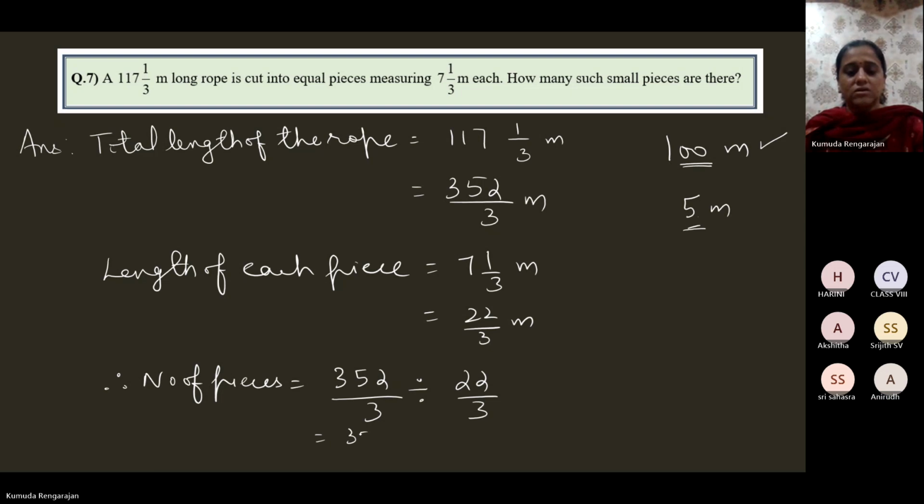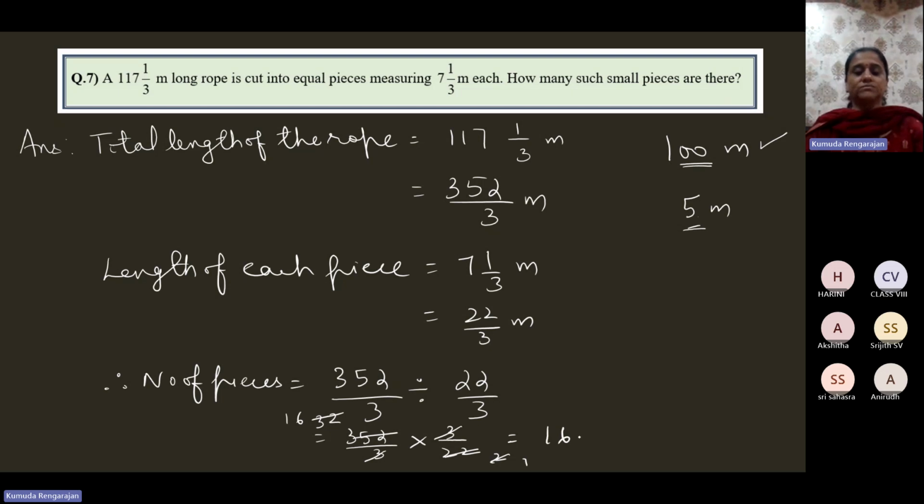Reciprocal. 352 divided by 3 into 3 by 22. Now both 352 and 22 go 16 times. So 16.